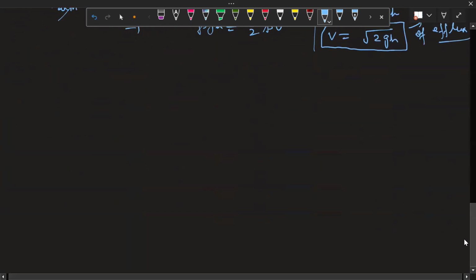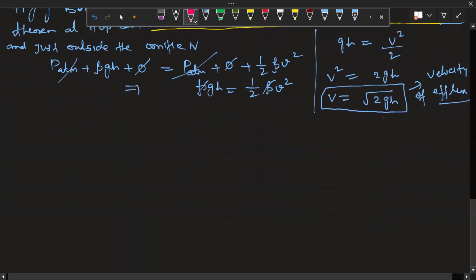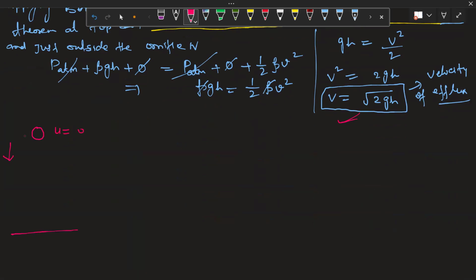Yes, sir. I understood. So you remember that if a particle falls freely, that means the particle is dropped with no initial speed from some height h to the ground, then when it strikes the ground, from the formula v square equals u square plus 2gh, with u equal to 0, v is under root 2gh.